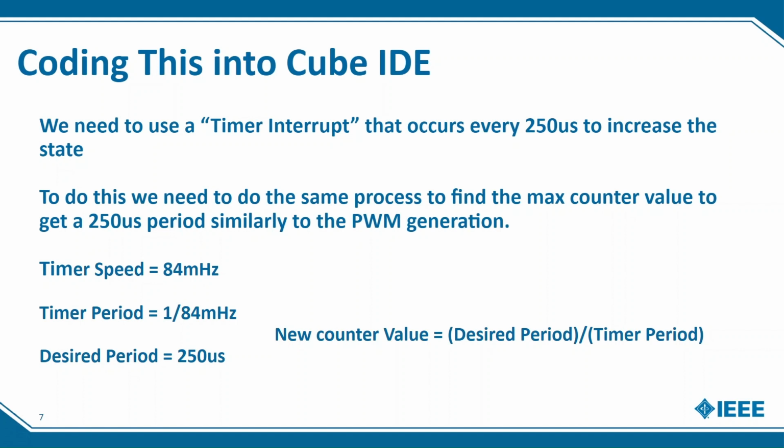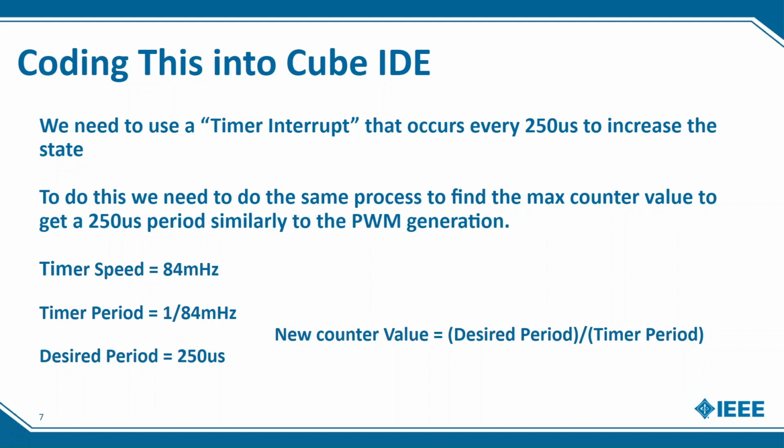The way to do this is the same way that we decided our PWM signals for the motors. If you remember, we found exactly how to get a 24 kilohertz frequency from our motor driver. So we're creating a PWM signal at 24 kilohertz.